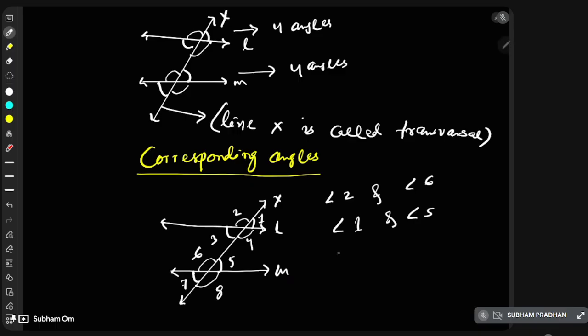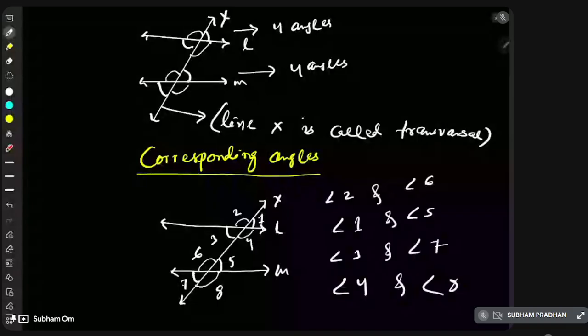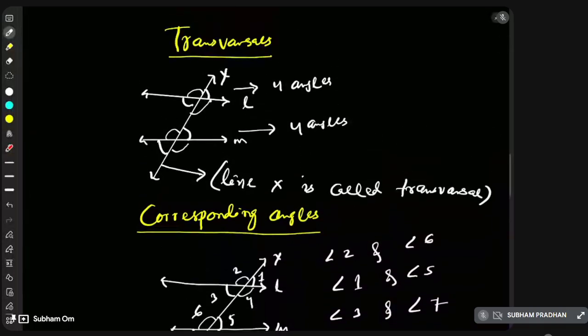Similarly, angle 3 is the corresponding angle with angle 7, and angle 4 is corresponding with angle 8. So that was all about corresponding angles. I hope everyone got to know what corresponding angles are.